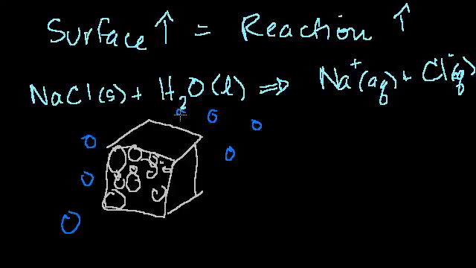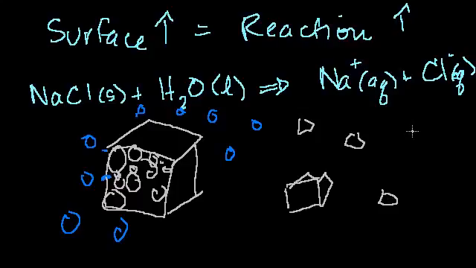the water is only going to be able to interact with the surface molecules and slowly dissolve away the salt, slowly make polar bonds. These are actually the polar dipole bonds with the different sodium or chloride ions. But if you were to break this up into smaller cubes, or really crush it into really small pieces, then all of a sudden the surface area that the water molecules can interact with increases.